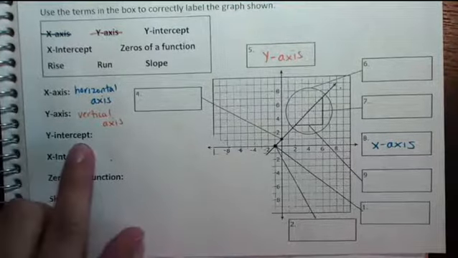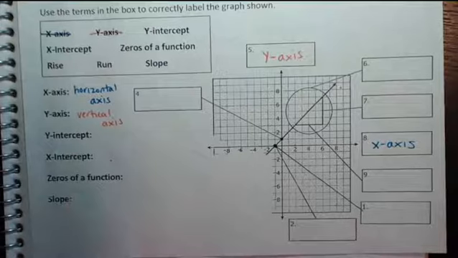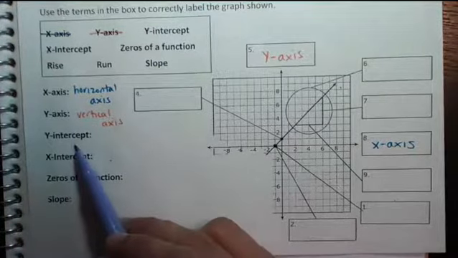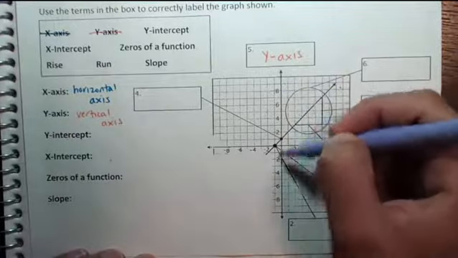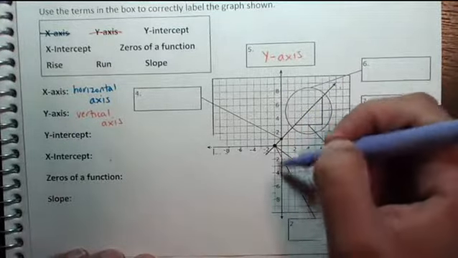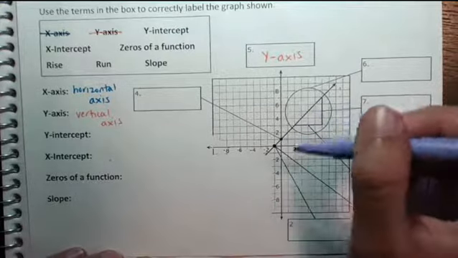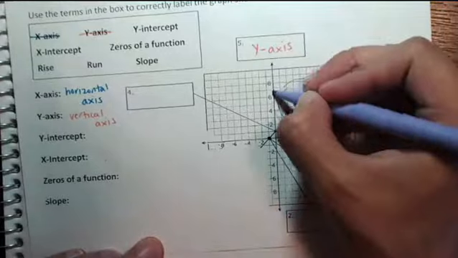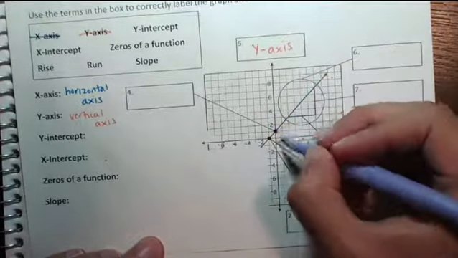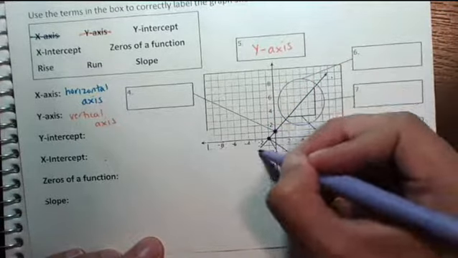The next thing to define is the y-intercept. Now it sounds exactly like what it is. If the y-axis is the thing that runs vertically, where is the point where the function crosses or intercepts the y-axis? In that case, I'm looking. This point right here is the point where the function crosses over the y-axis.